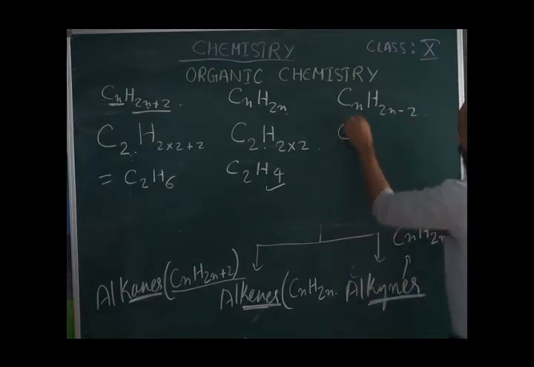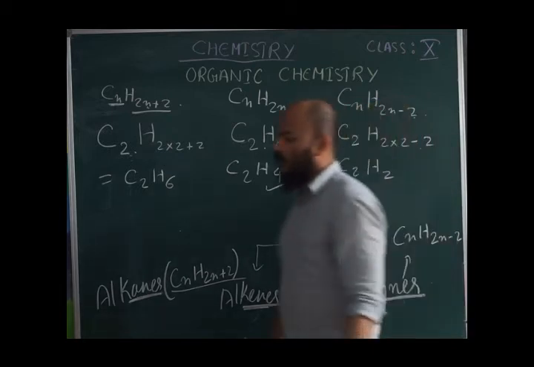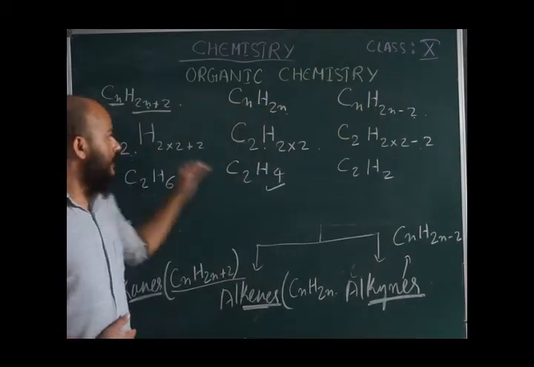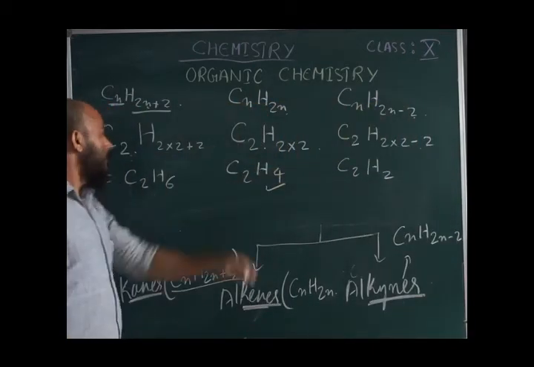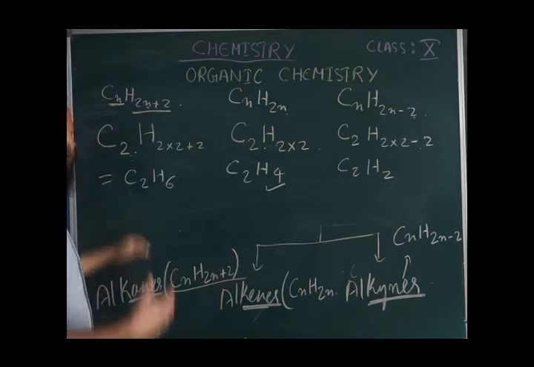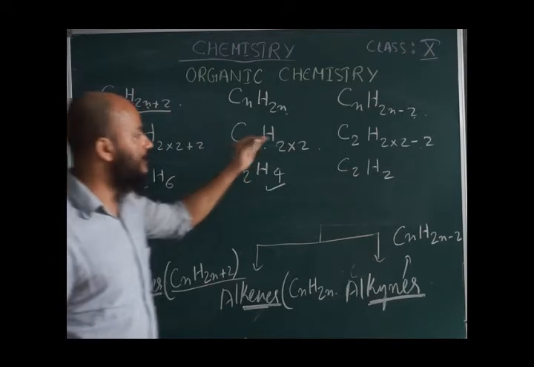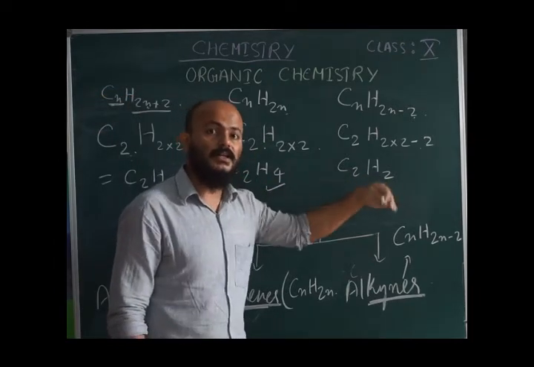Here also let's take the number of carbon as 2. Hydrogen should be 2 into 2 minus 2. So you will have C2H, 4 minus 2 is 2. Look at this example, very important. C2H6 is your alkane, C2H4 is your alkene, and C2H2 is alkyne.